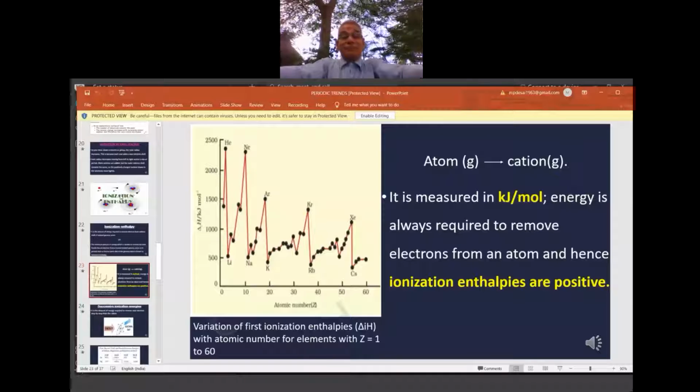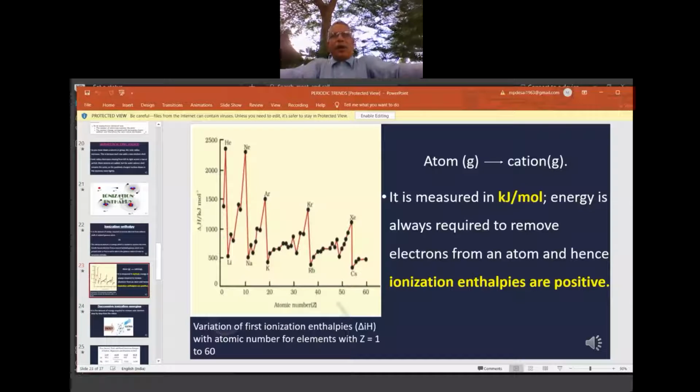You see the bottom: lithium, sodium, potassium, rubidium, cesium. Because they are the biggest in size in their respective periods. Take any period, first, second, third. In any period, these alkali metals have the largest size.